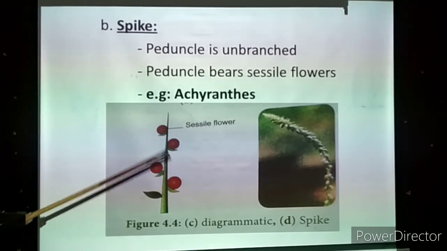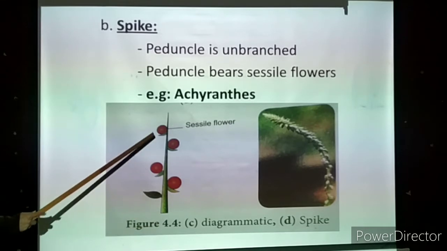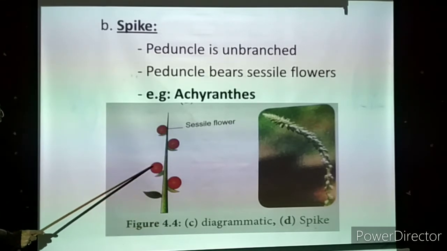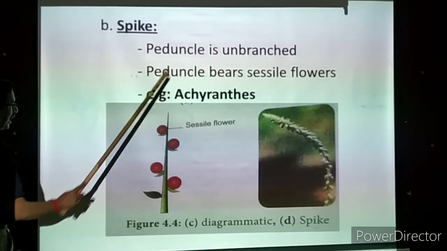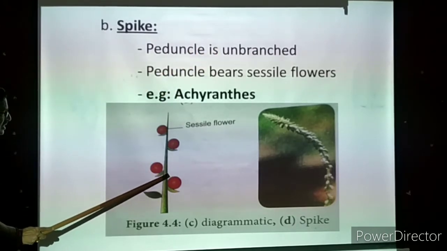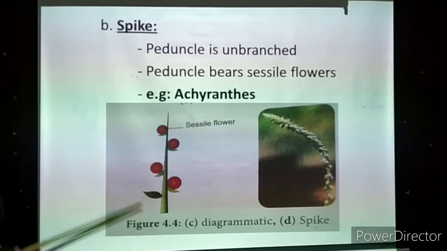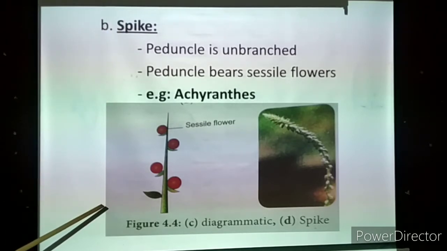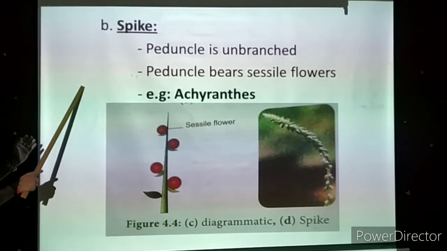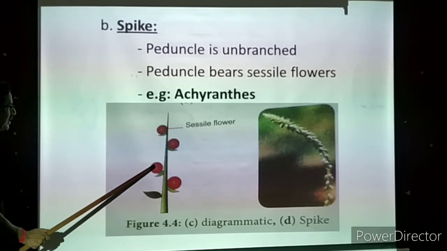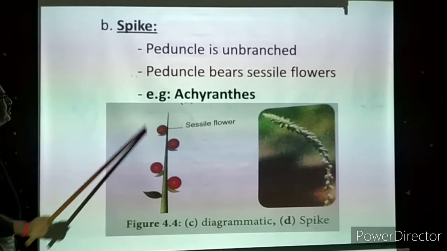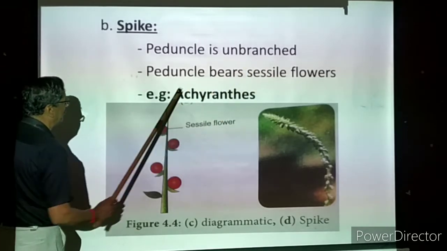In all the flowers the stalk is absent. So the flowers are called sessile flowers. So if the peduncle is unbranched and the flowers are sessile, then the inflorescence is called a spike. What is the difference between the simple raceme and this one? There the flowers have a stalk, here the flowers do not have a stalk.